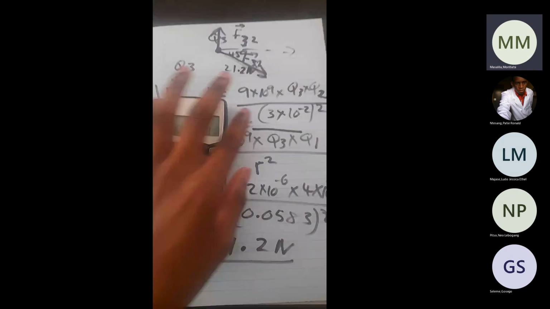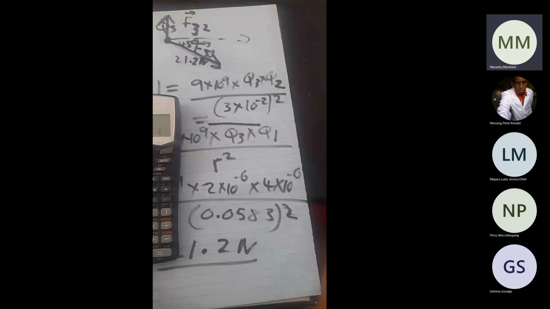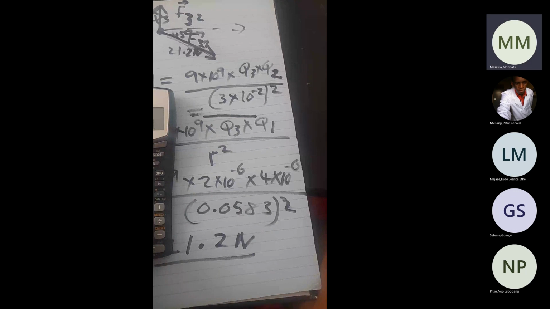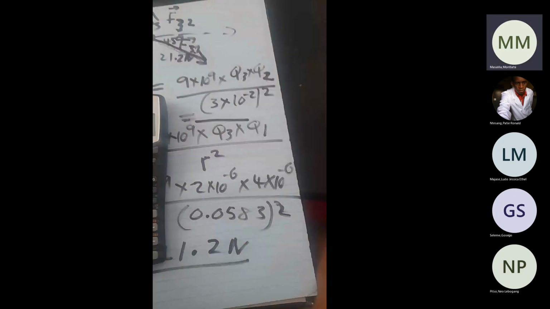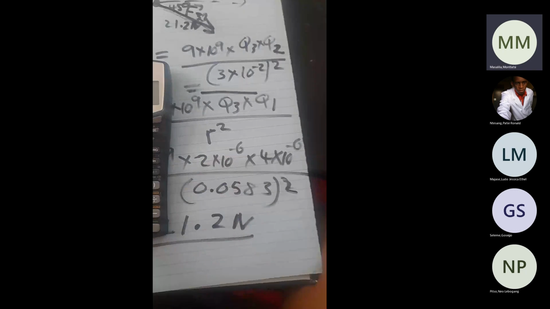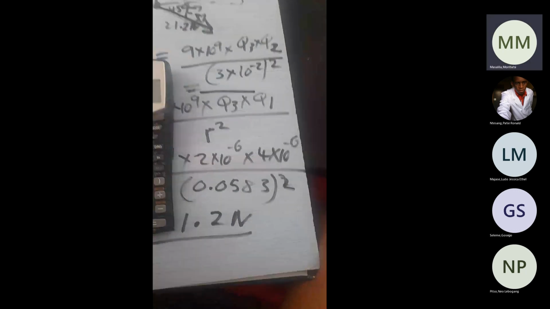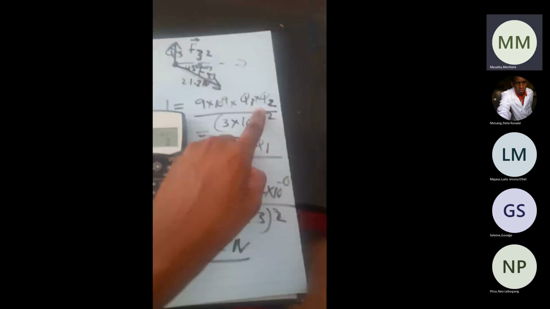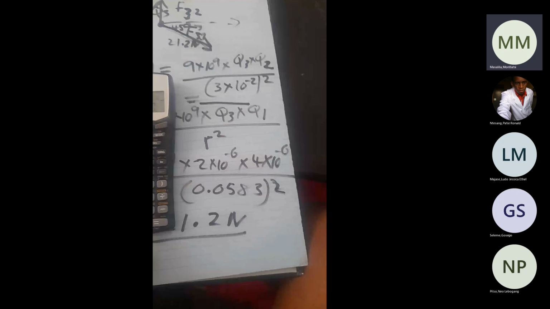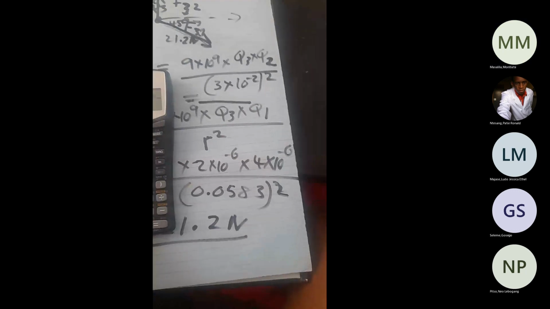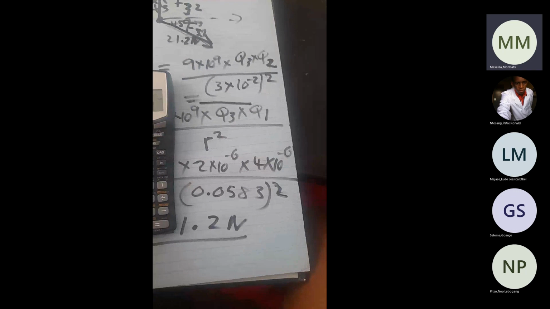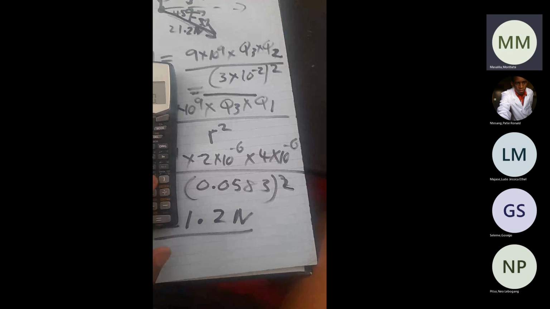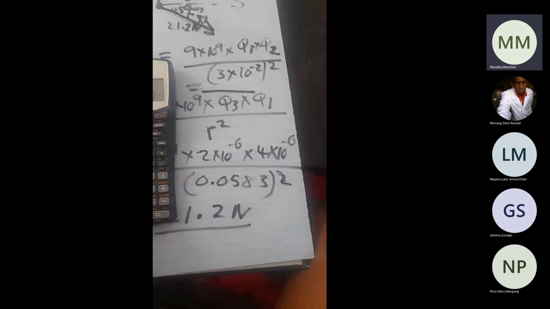So this one is 9 times 10 to the power 9, times Q3, which is 2 times 10 to the power negative 6, times Q2, which is negative 3, so it's going to be 3 times 10 to the power negative 6, divided by 0.0 times 0.0.